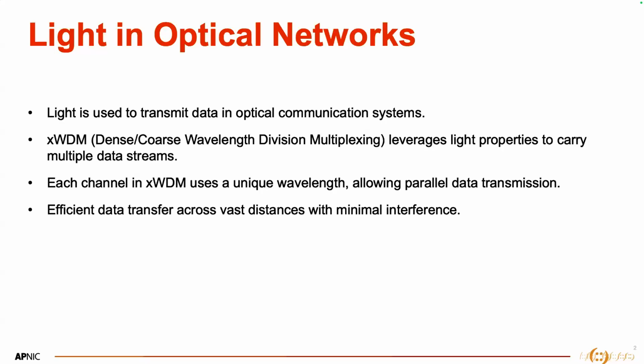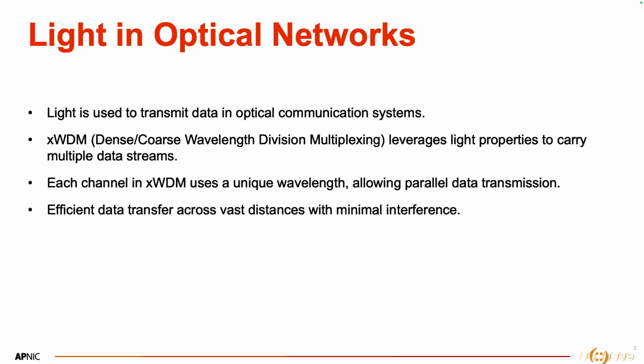Before going into the overview or working principle of DWDM, let's try to understand how light behaves, right? Light is used to transmit data in optical communication systems. It is true for DWDM, it is true for CWDM, it is true for any kind of WDM.